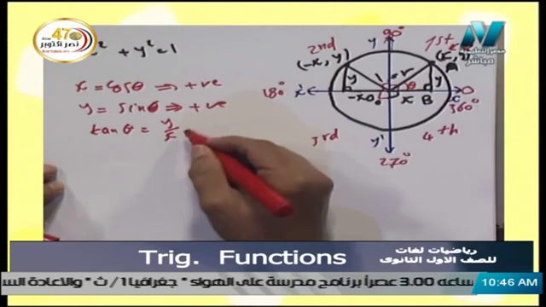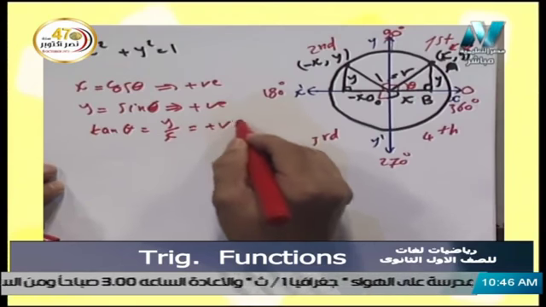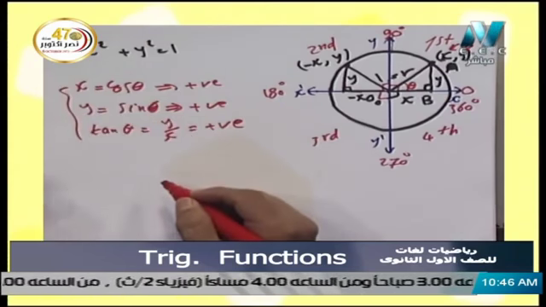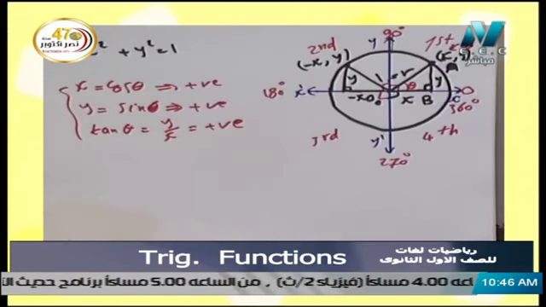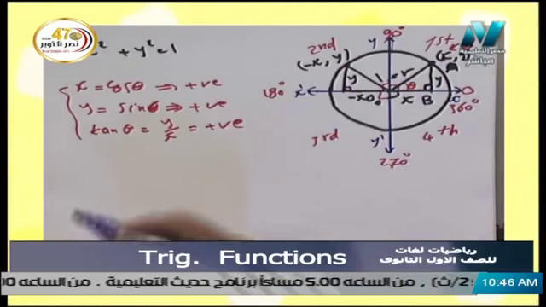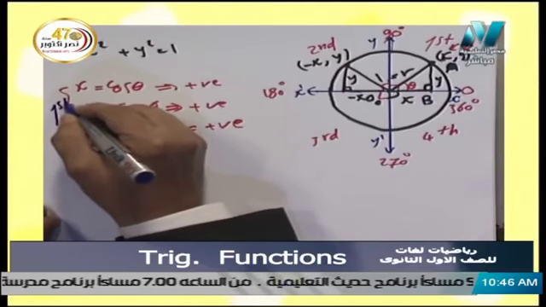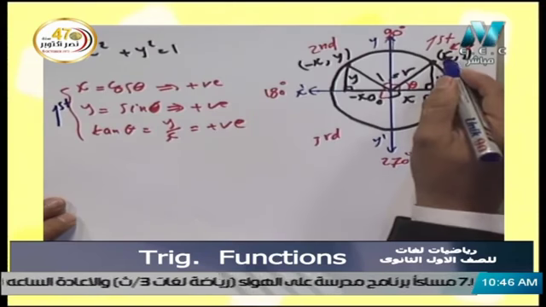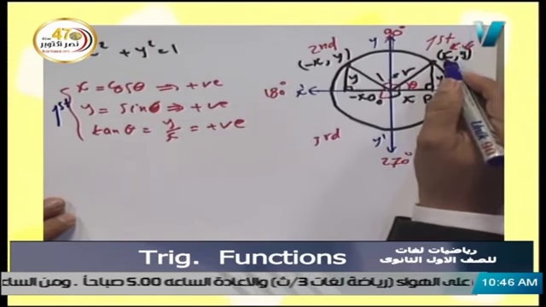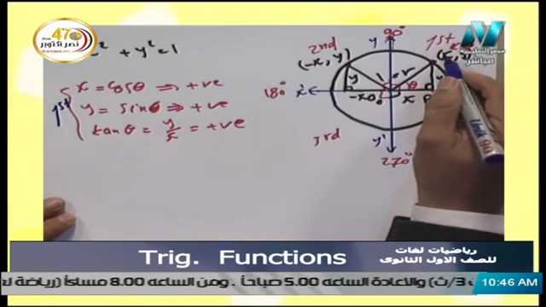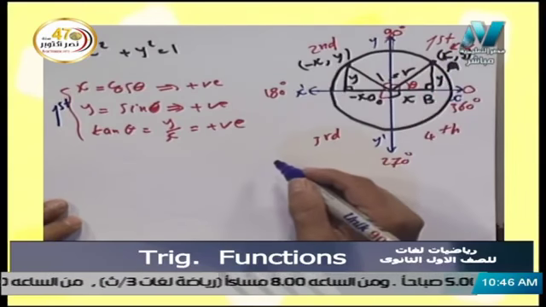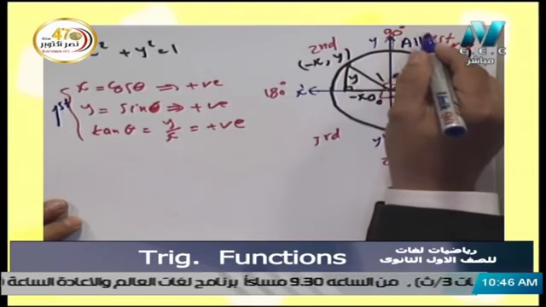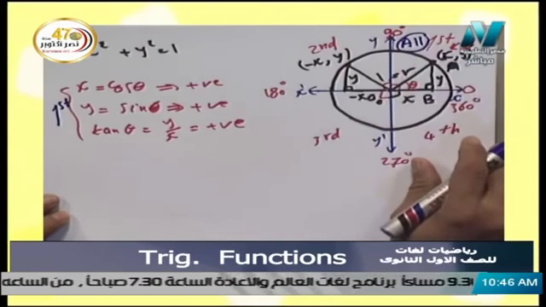Positive divided by positive equals positive, so it's positive also. So all trig functions in the first quadrant are positive, because cosine is positive, sine is positive, tan, which is y over x, is positive also.